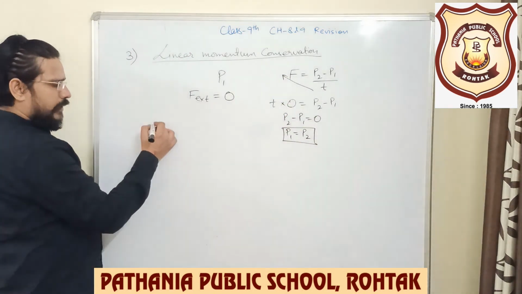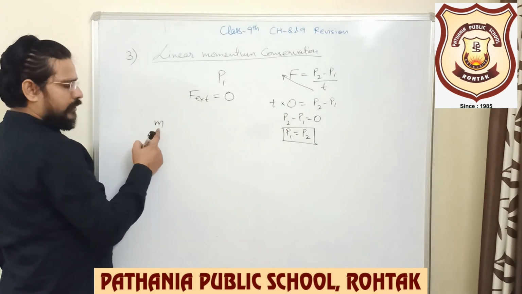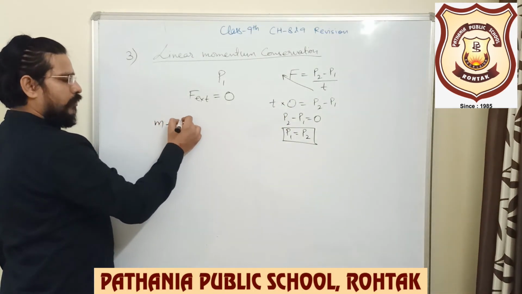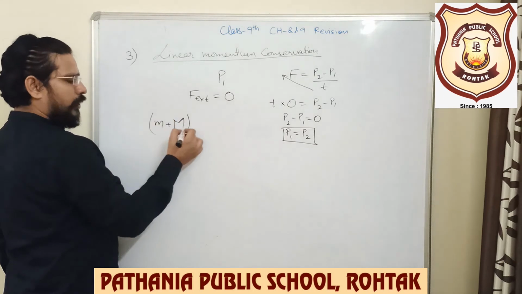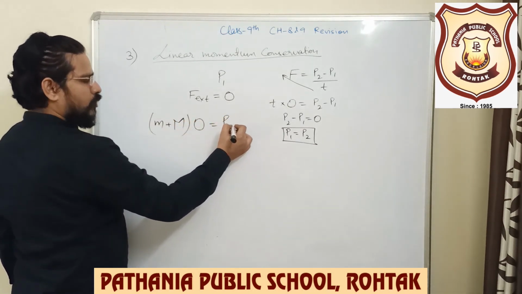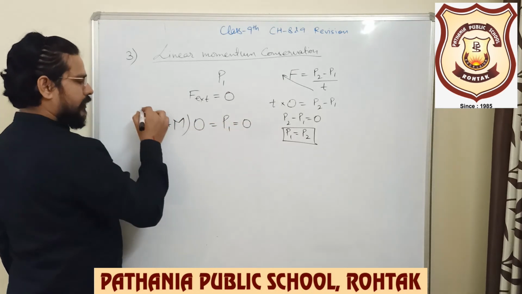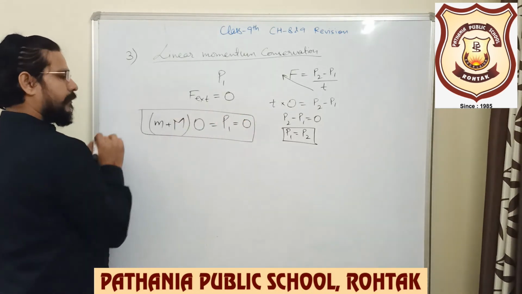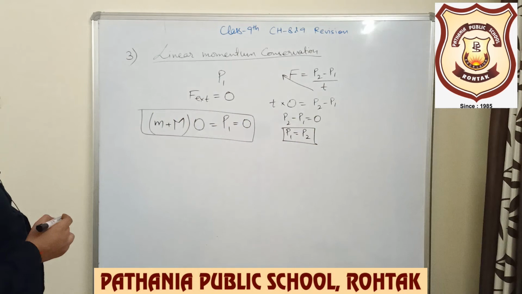So if you have a bullet of mass small m and a gun of mass capital M, both at rest, their momentum is 0. So our initial momentum P1 is 0. That is our first point. Now what happens when we fire the bullet?